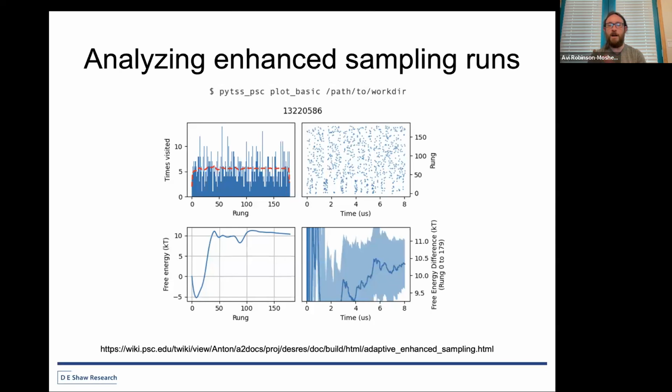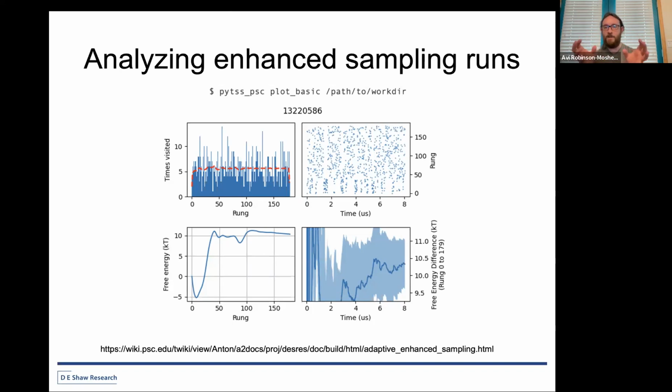The blue bars are the histogram of occupancies that are actually observed, and the red plot is an estimate that TSS makes of what the histogram should look like if you ran for infinite time, sort of what the converged distribution of rung visits should look like. And you want those things to sort of, on average, match. It's okay that the histogram is a little spiky. That's normal.